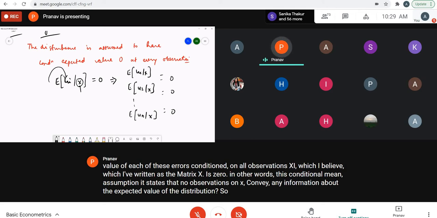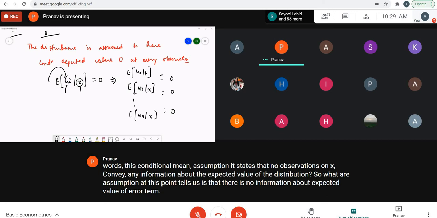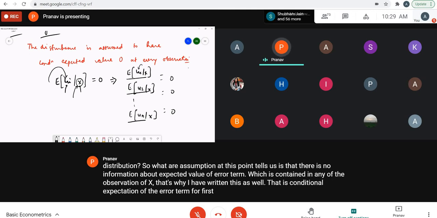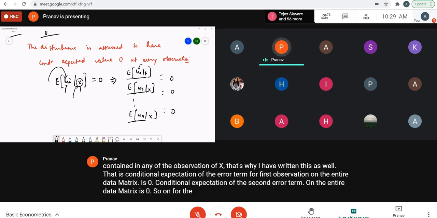So our assumption at this point tells us that there is no information about the expected value of the error term contained in any observation of X. That's why I have written this as well: the conditional expectation of the error term for the first observation on the entire data matrix is 0, the conditional expectation of the second error term on the entire data matrix is 0, and so on for the nth error term.